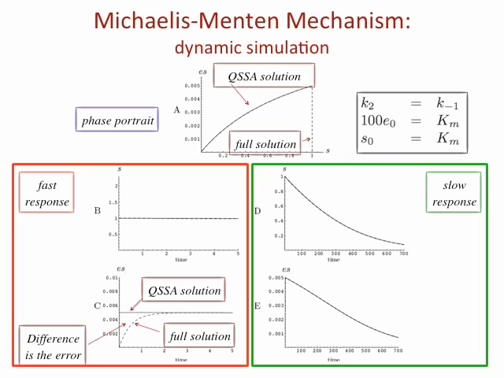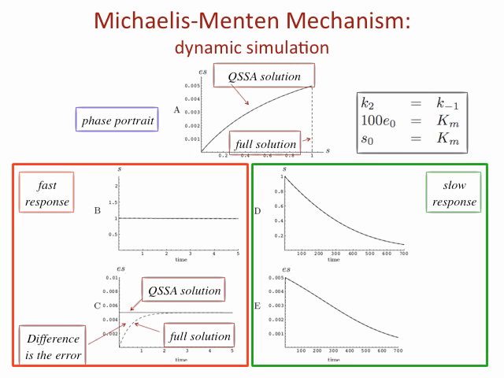Now we can simulate here, put the equations on MATLAB or Mathematica and simulate, and we can simulate both the full set of equations, the two independent differential equations, and the simplified form, which is the single differential equation on the substrate.